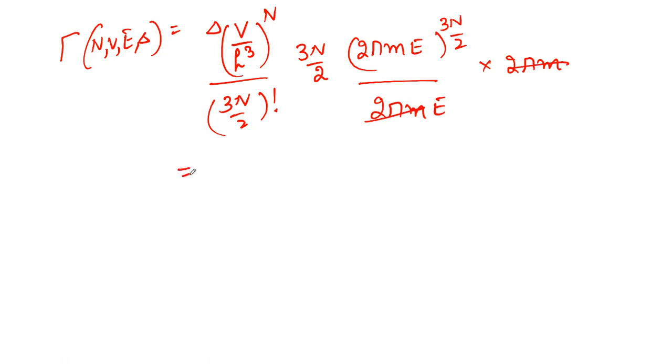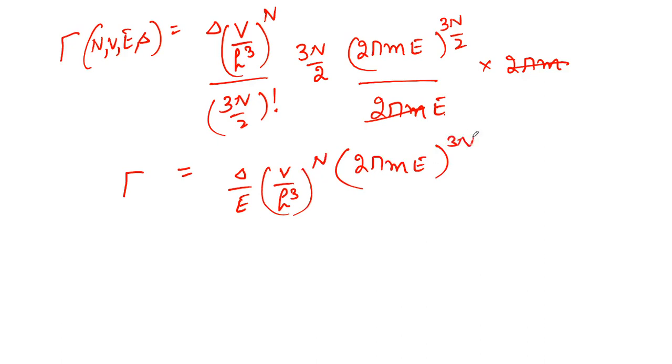So from this you can see that what we get is sigma, that is of the order of delta over E, V over h cube to the power n, that is 2 pi m E raised to power 3n by 2 over 3n by 2 minus 1 factorial.